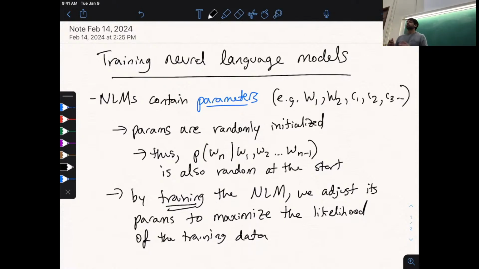So remember, we talked about the maximum likelihood estimate in the context of n-gram models, right? There, we were just counting occurrences in the training data and dividing by other occurrences. And the whole goal was to maximize the probability of the training data. That's exactly what we're going to do here, except we have a different kind of model. We're not just counting and dividing. We are going to do something called gradient descent in order to update our model parameters to maximize the probability of, say, books given students open there.